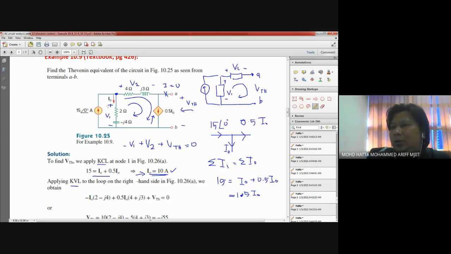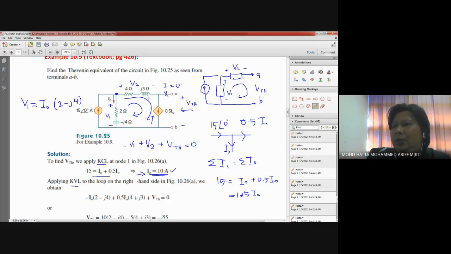According to the diagram earlier, if we know the current flowing through here and multiply with these two elements, 2 minus j4, we can get this V1. In other words, V1 is actually IO times 2 minus j4.